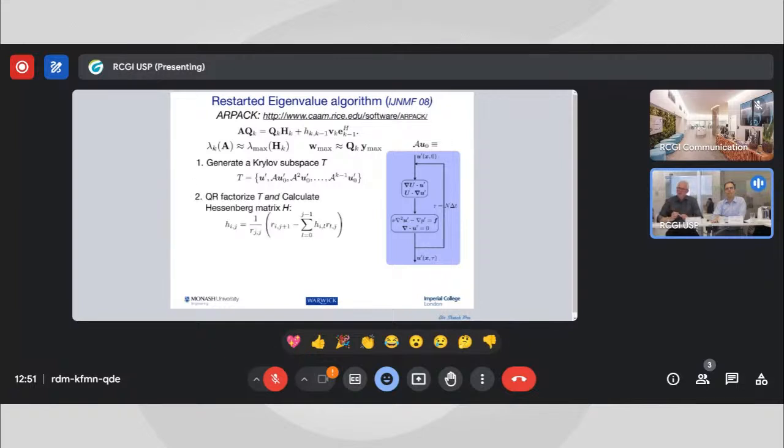Then we use this QR factorization, or it's all built into ARPACK with the Arnoldi method. You essentially approximate a very high dimensional problem by this lower dimensional subspace, and you can find the eigenvalues of that lower dimensional subspace, and those lock onto the true ones. And that's how we find these instability modes in our fluid mechanics setting.